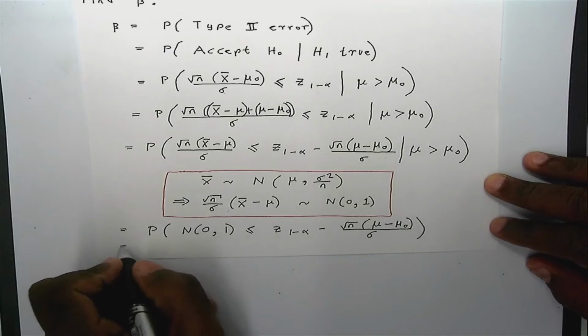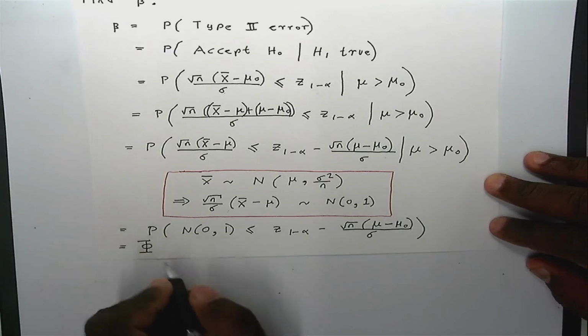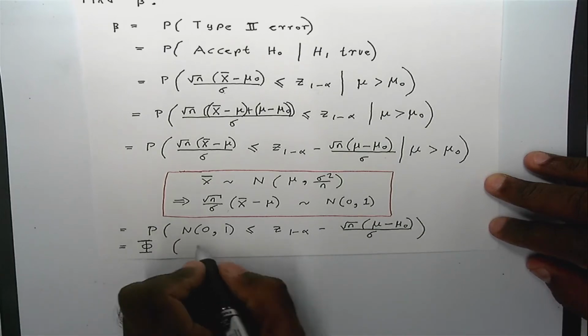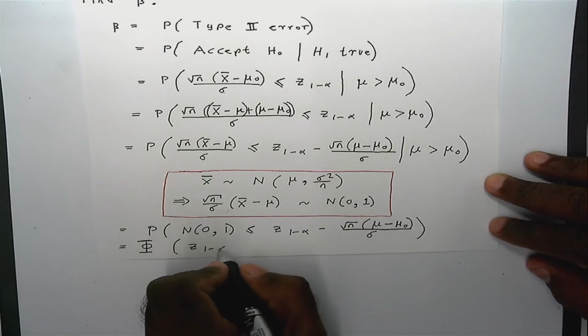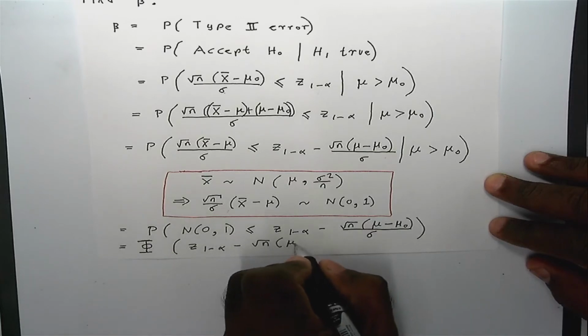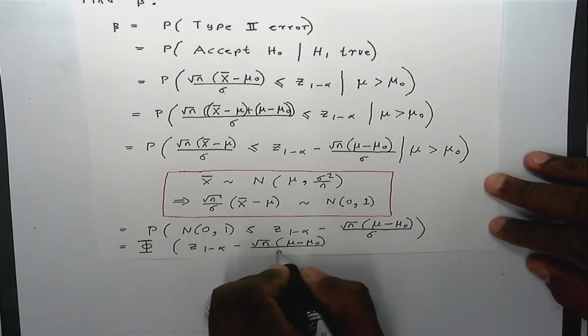Finally, you can write this as capital Phi. Remember, capital Phi denotes the CDF of a standard normal. So this is the answer.